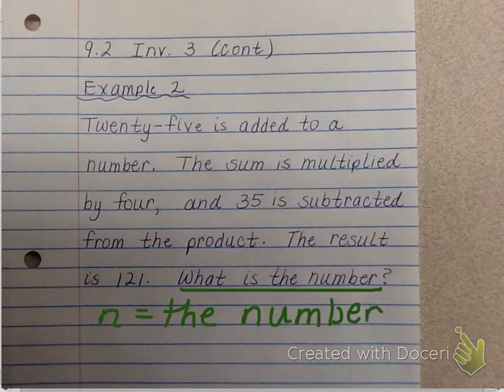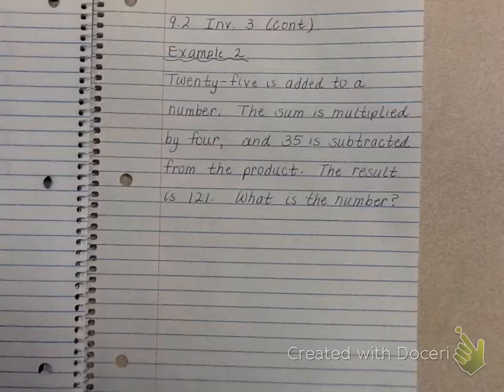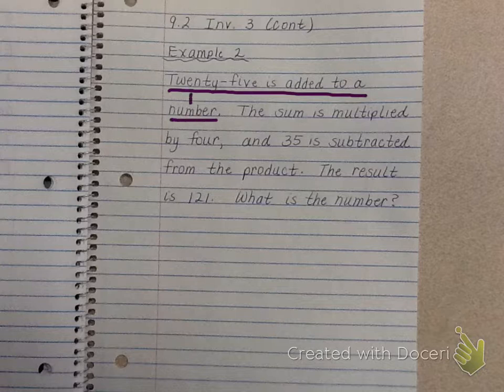So now let's go back and find out what our flowchart should look like. In my first sentence, it says 25 is added to a number, and that number is n. So I'm going to start my flowchart with n. And it says I'm going to add 25.